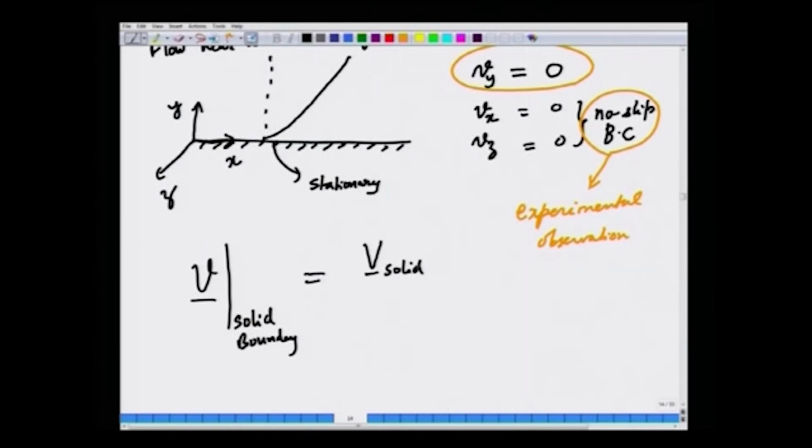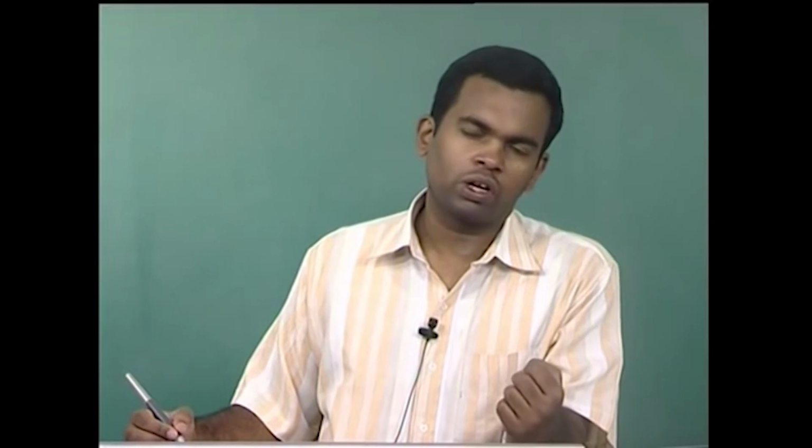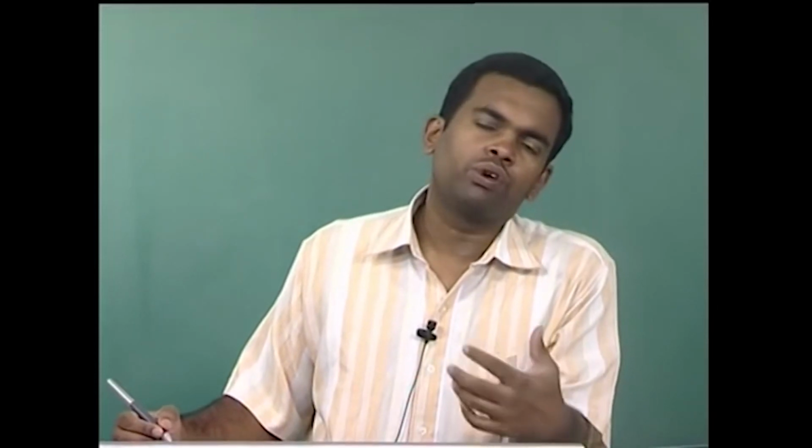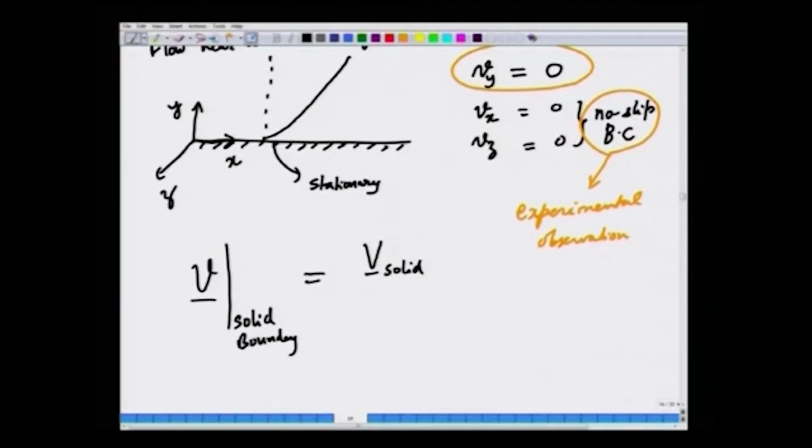If the solid is stationary, then the velocity of the fluid is 0 at the solid boundary. If the solid is moving with some velocity, the fluid will take on the same velocity as the solid. So, this is one important set of conditions that we will use while solving problems.